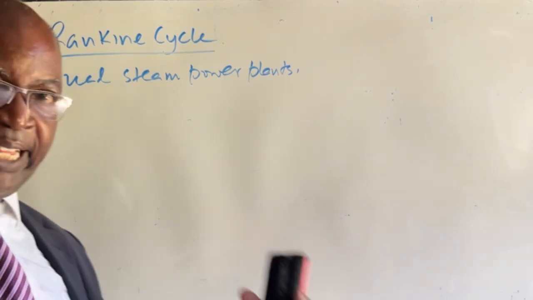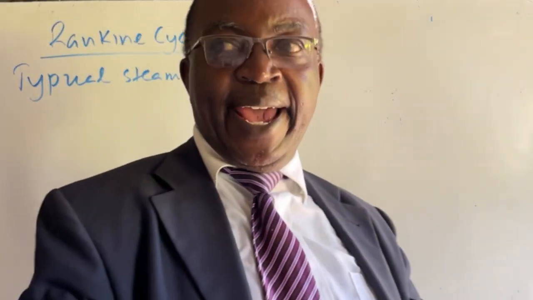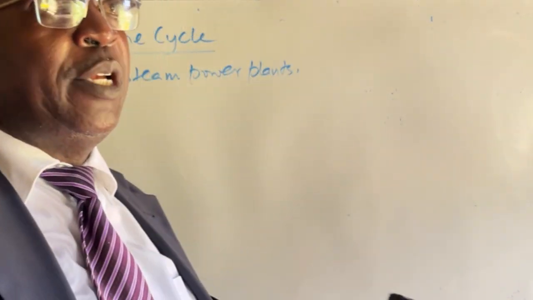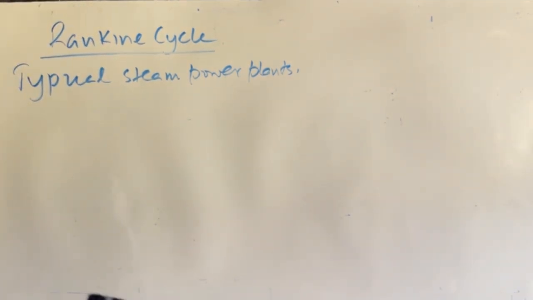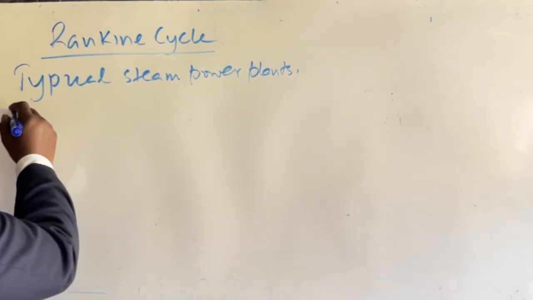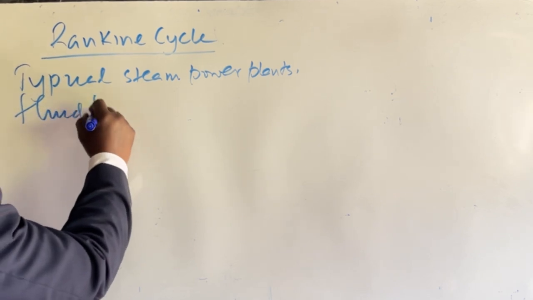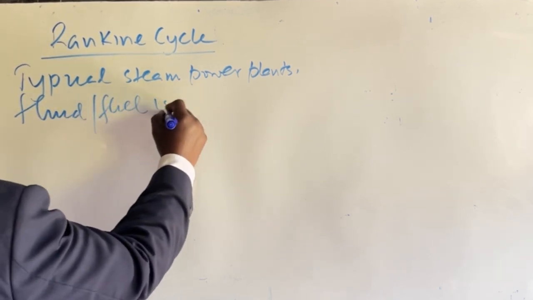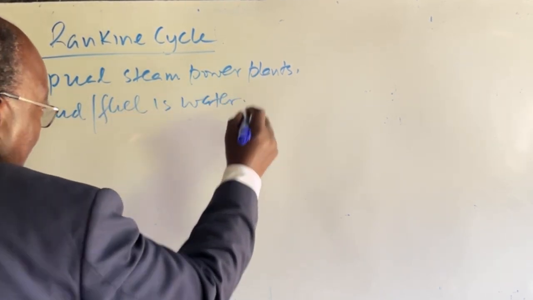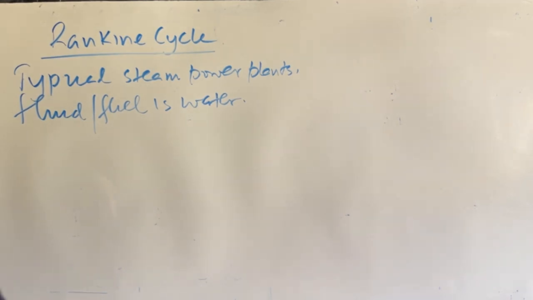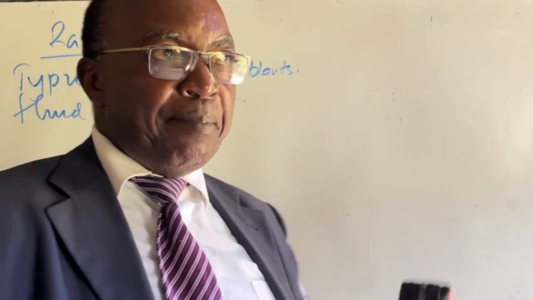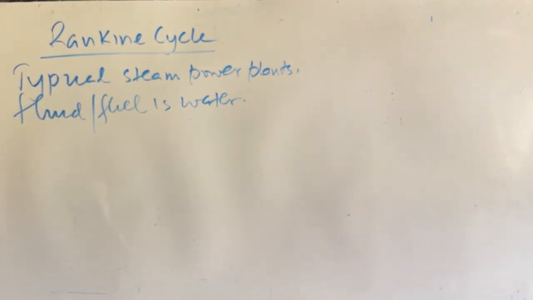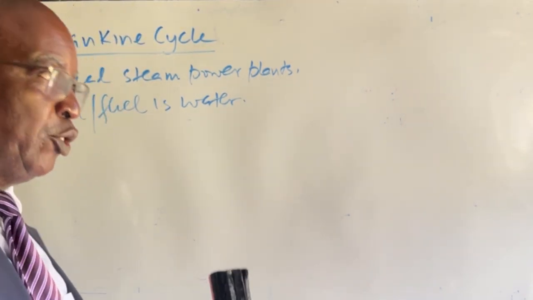And unlike in the Carnot cycle, where the fluid is basically an ideal gas, here the fluid is water. So, in the Rankine cycle, we have a pump which pumps water from low pressure to high pressure into the boiler.